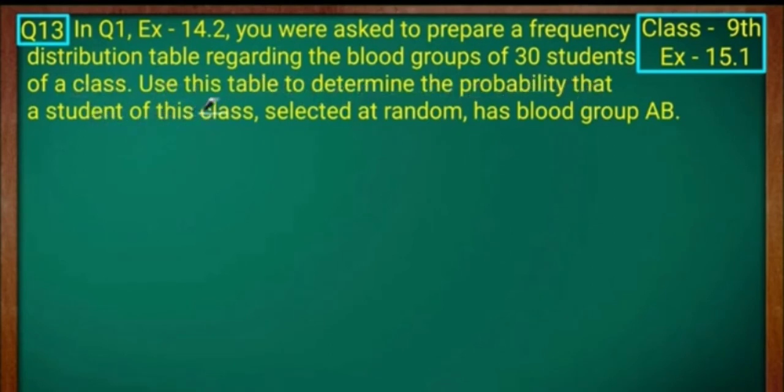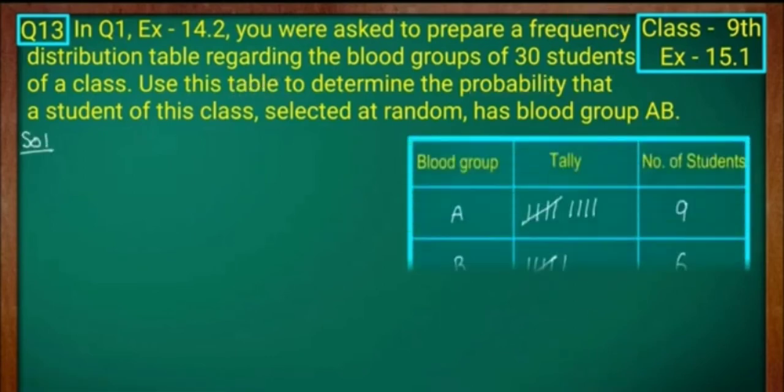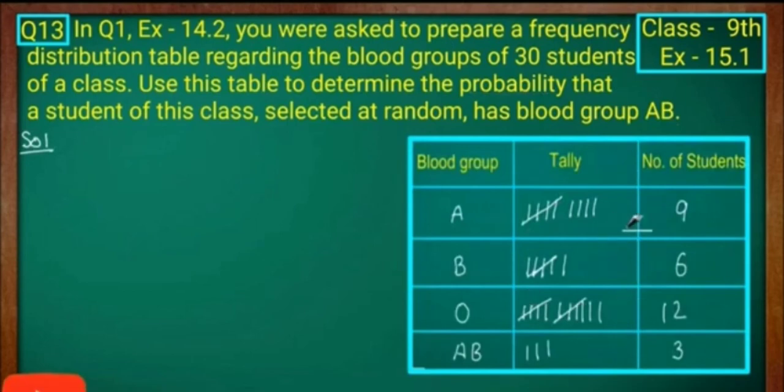Use this table to determine the probability that a student of this class selected at random has blood group AB. We want to find the probability of students having the blood group AB alone.